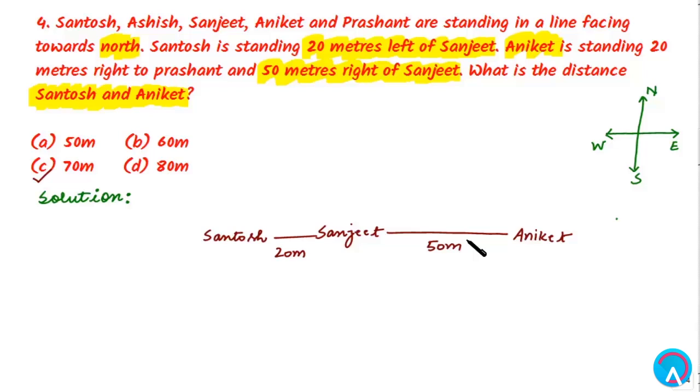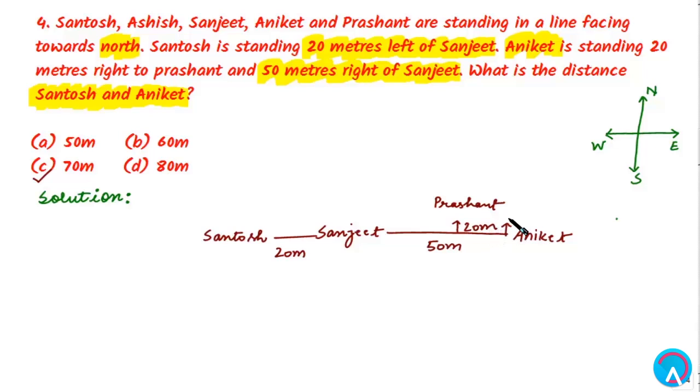Also given is that Aniket is standing 20 meters right to Prashant. So that means Prashant will be somewhere here. This is the location of Prashant. And Aniket is 20 meters right to Prashant. So that means the distance between Prashant and Aniket is, let's say, 20 meters.